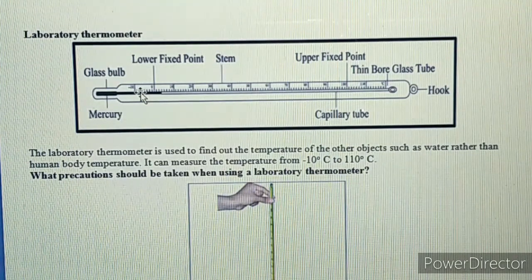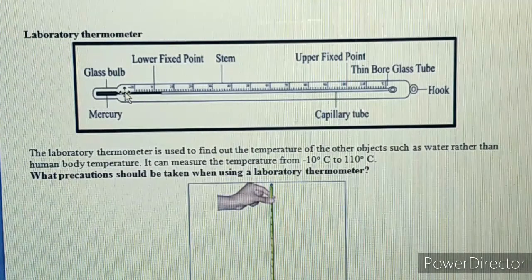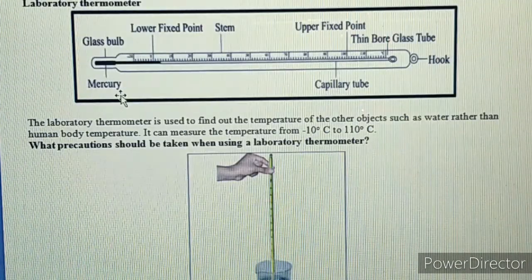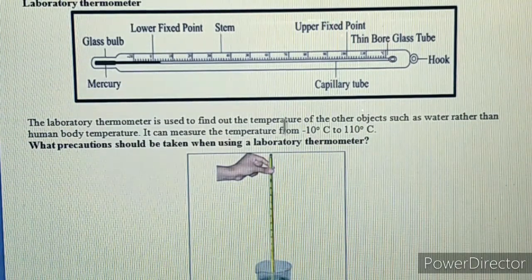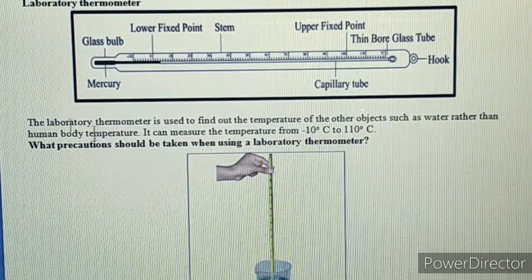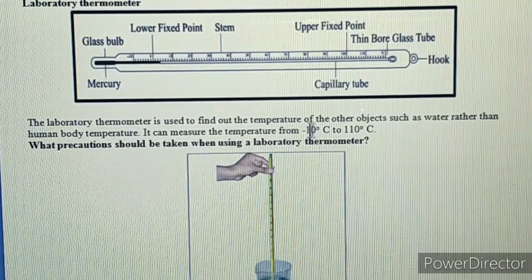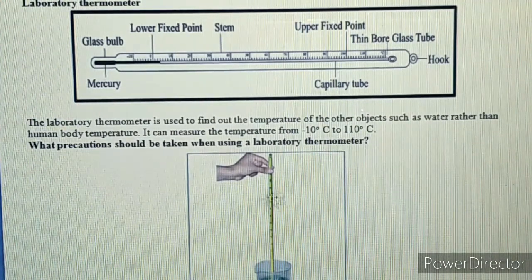While keeping it in the chemical only, we can measure the temperature of that chemical. That is why the kink is not present in the laboratory thermometer. The laboratory thermometer is used to find out the temperature of other objects such as water, rather than human body temperature. It can measure from minus 10 degrees Celsius to 110 degrees Celsius.